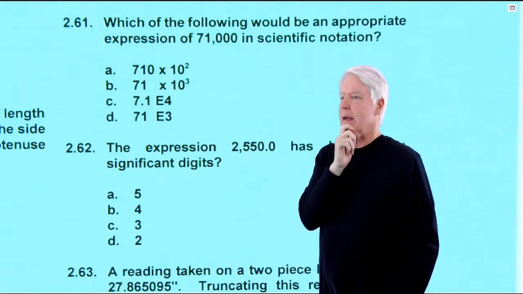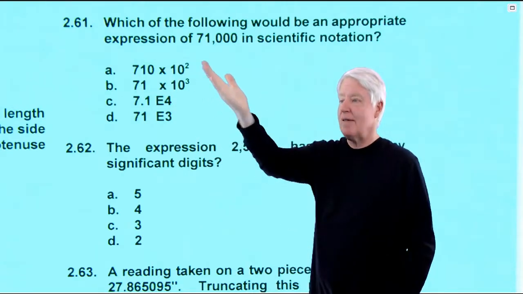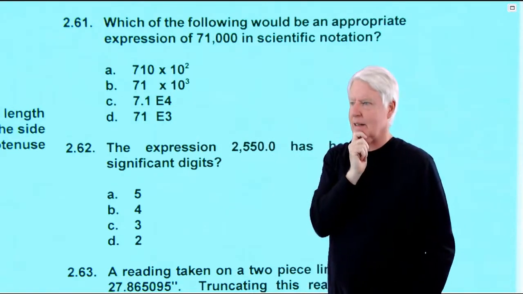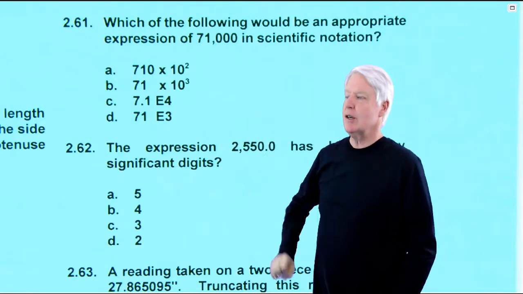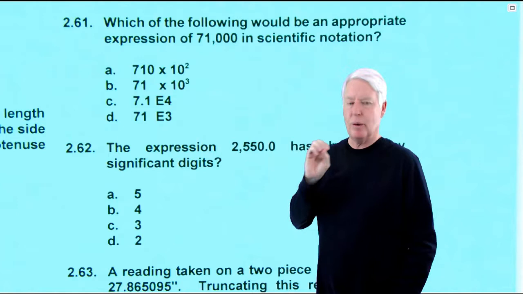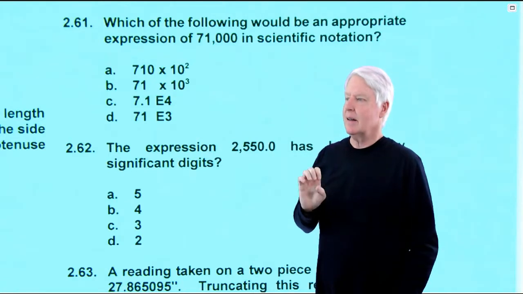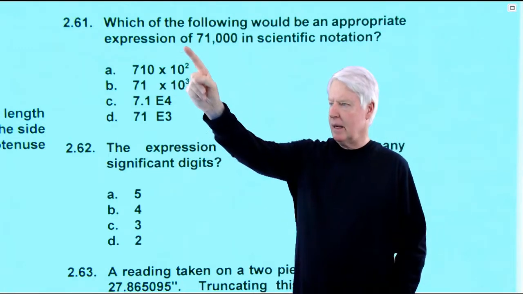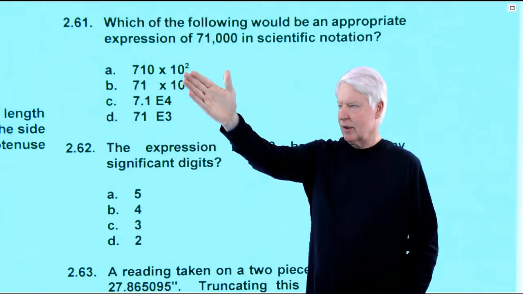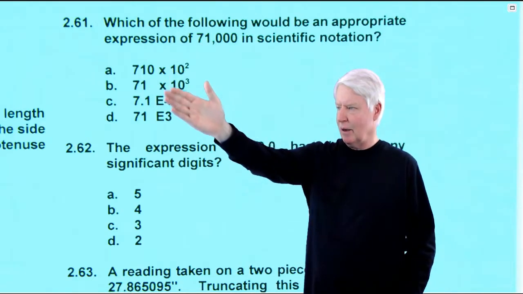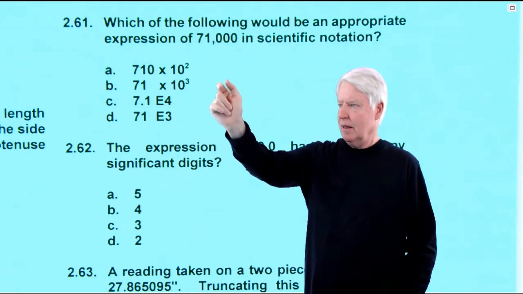Which of the following would be an appropriate expression of 71,000 in scientific notation? Well, usually they do a whole number like 7.1. That's usually how you do it correctly. So it would be 7.1 times 10 to the 4th. But notice they don't have 10 to the 4th here, so we know these are incorrect.